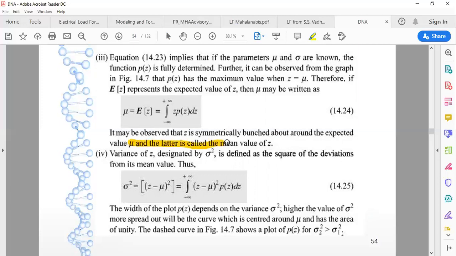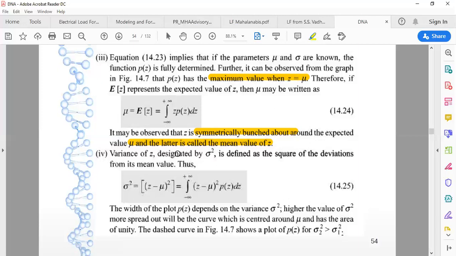Mu is nothing but the mean value of Z for this function, because it is symmetrically bunched around that value. And second, the value Z equal to mu appears the maximum number of times, or the relative frequency of occurrence for Z equal to mu is the highest.